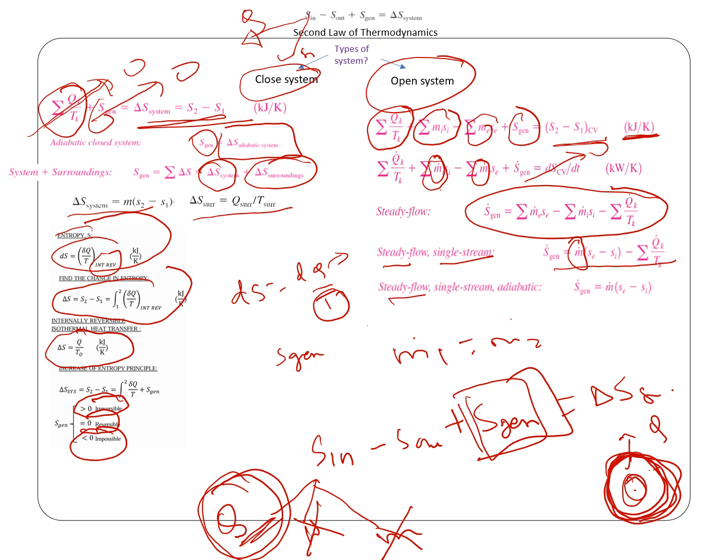And if it is steady flow, single stream, and adiabatic, the heat transfer is zero. So this is what you get. You should know how to simplify this equation based on whatever assumptions are given, or sometimes you may have to make some implicit assumptions as well.